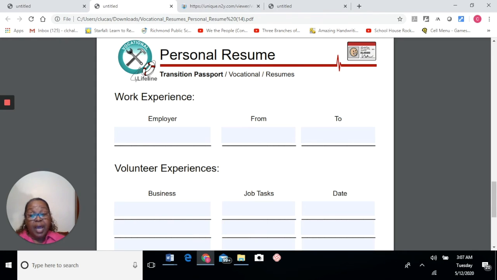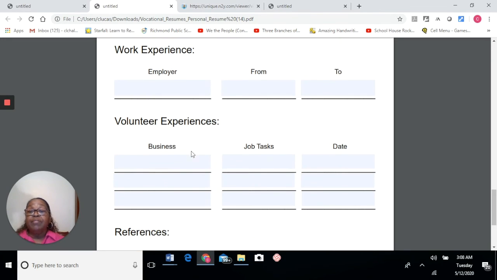Now, what type of work experience do you have? If you're still in high school, ninth, 10th, 11th, or 12th grade, you may not have a previous employer, and that's okay. But maybe you have some volunteer experiences. Volunteering is a very important thing to be able to do and to have in your background.